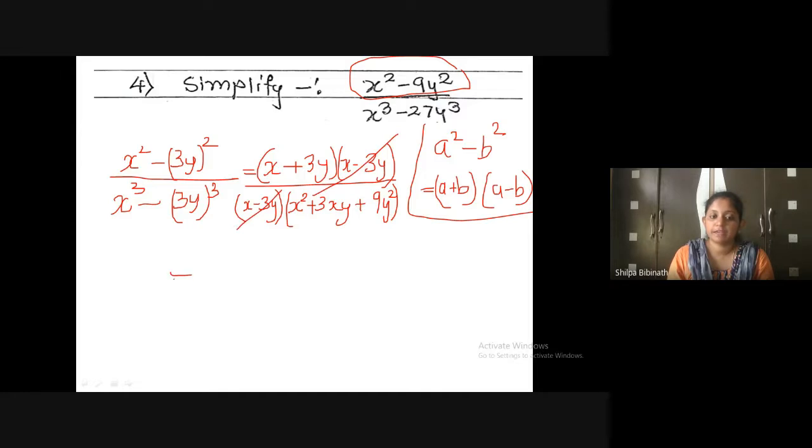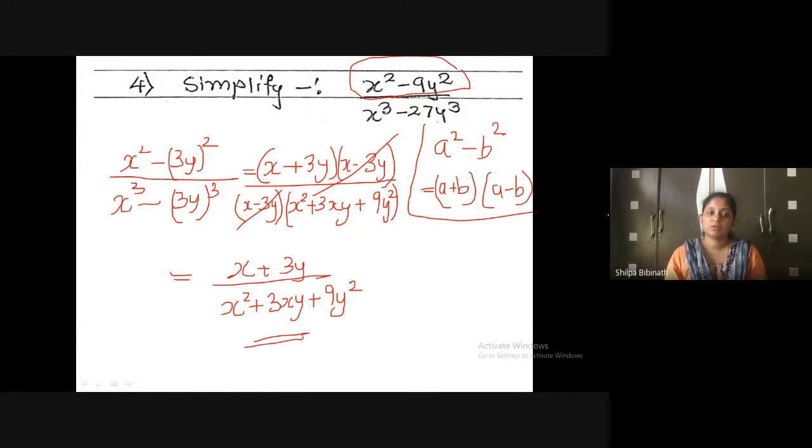So what will be your final answer? x plus 3y divided by x square plus 3xy plus nine y square. This will be your final answer.